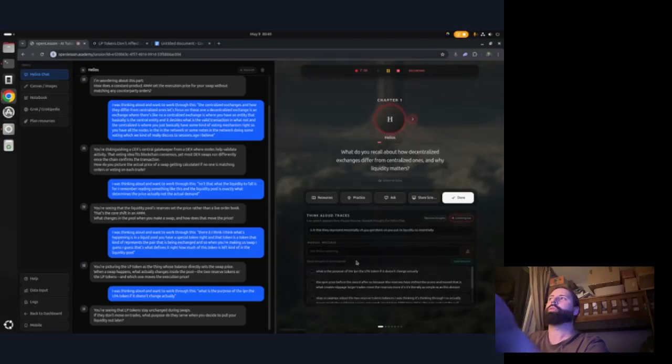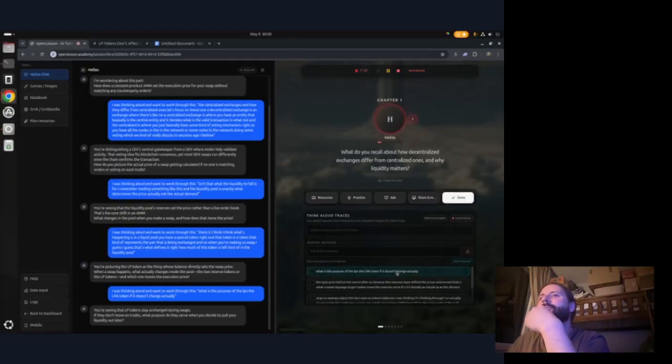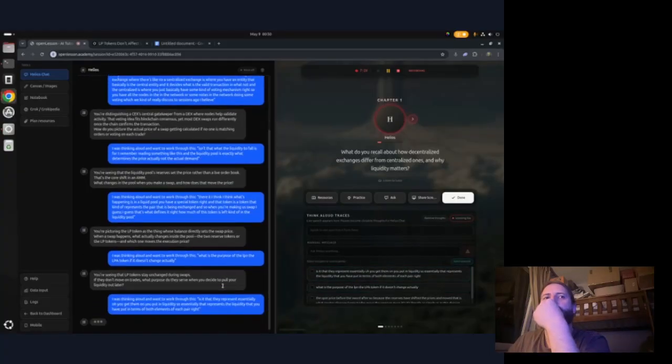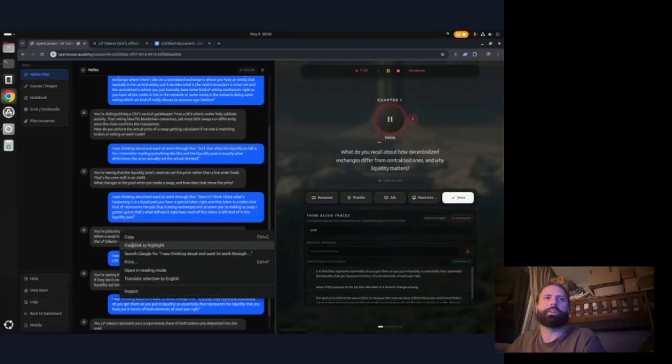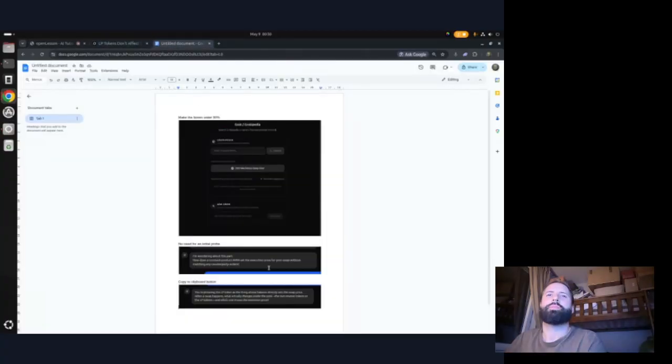So essentially that represents the liquidity that you have put in, in terms of both elements of the pair, right? Yeah. Okay, perfect. This feels so good, by the way.